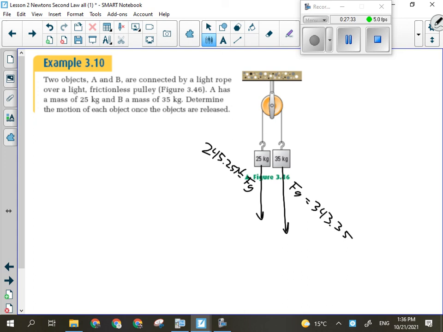Okay. So those are the two forces that are driving this system. And they're working against each other. Okay. So could I simplify this system in a free body diagram?